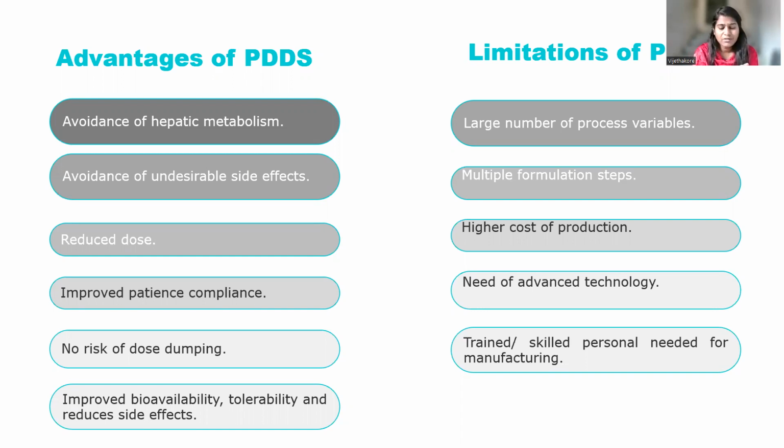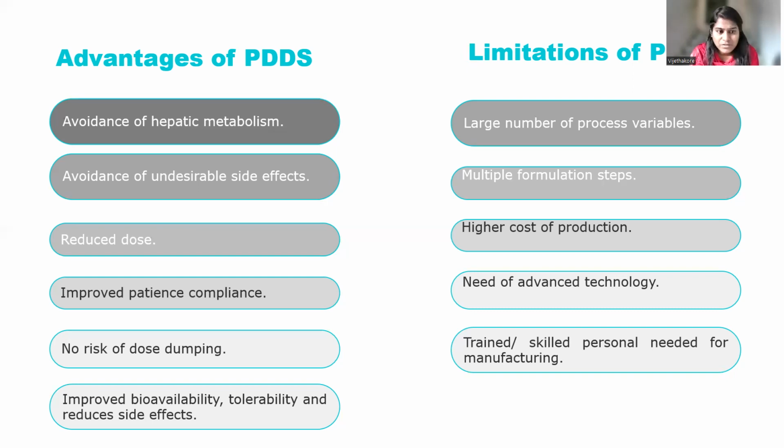So when the drug is not released in the stomach, there is no uptake by the portal vein, and undesirable side effects like gastric irritation, or degradation of the drug in the stomach, can also be avoided because it won't be released in the stomach.